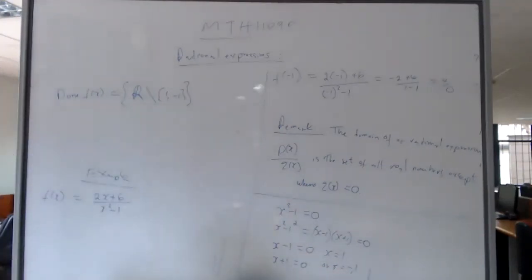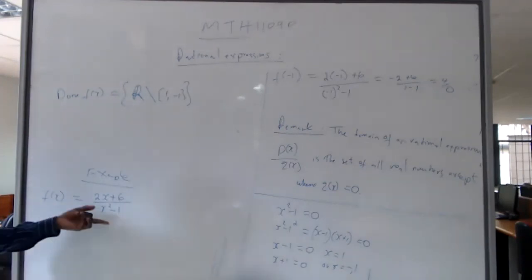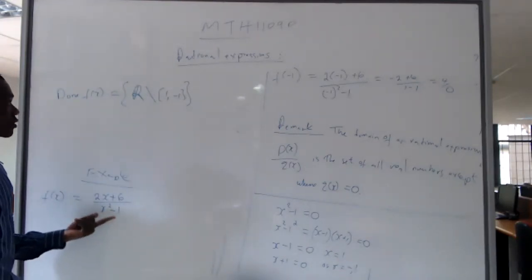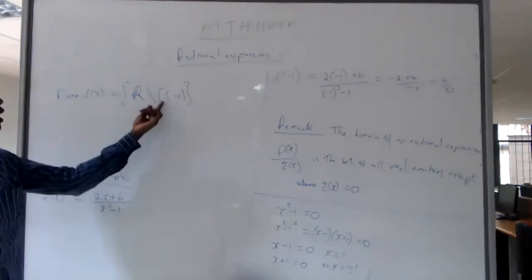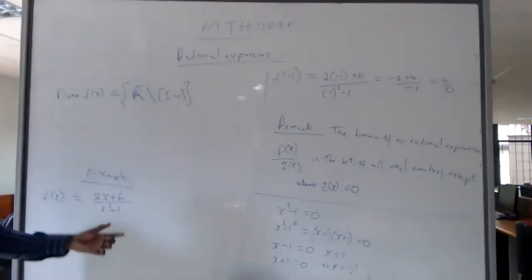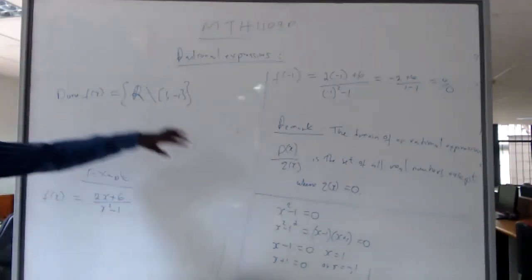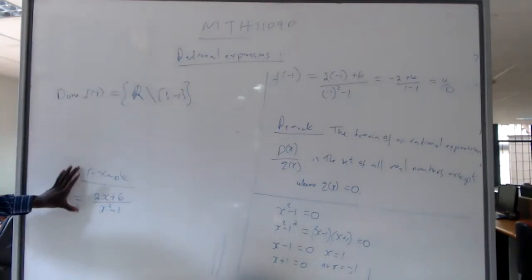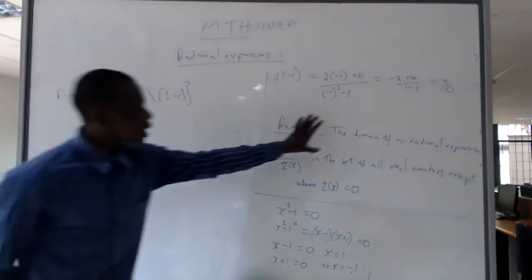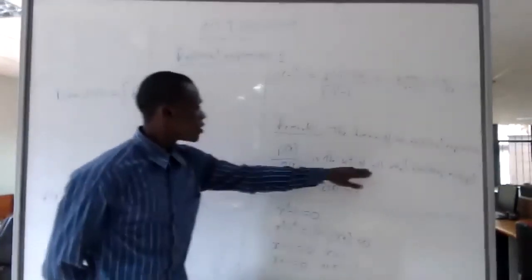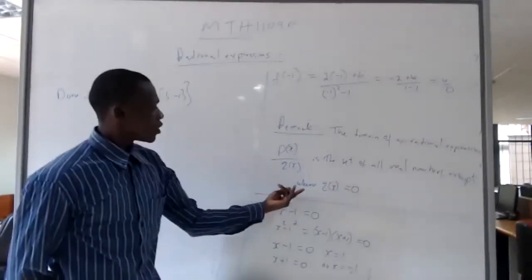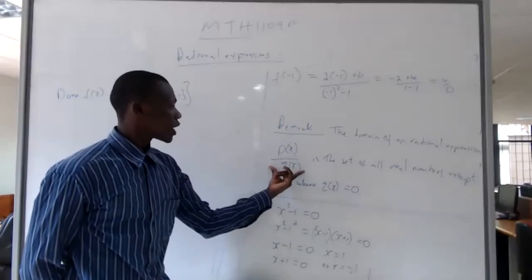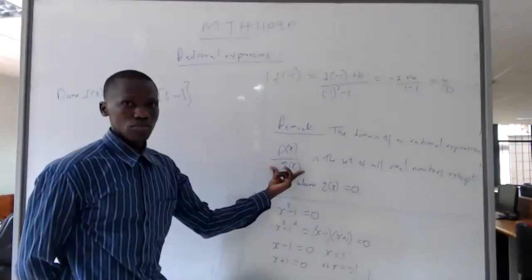That will be the domain. So any other real number you put here, this expression will make sense. You get a finite number, except 1 and -1. So in the whole real line, just delete the points 1 and -1. That will be the domain of this expression. Remember this remark, we are taking all real numbers except those real numbers for which the denominator is 0. Okay?